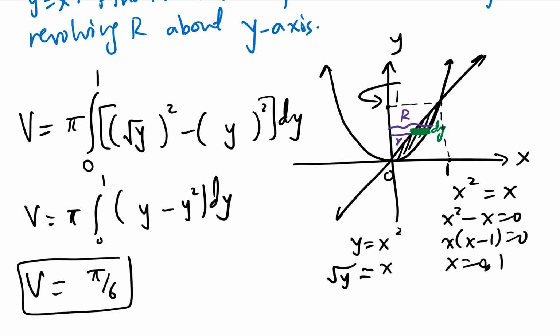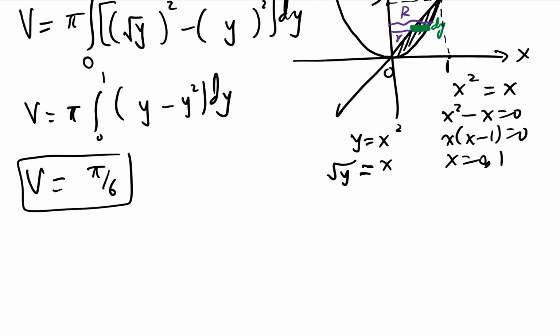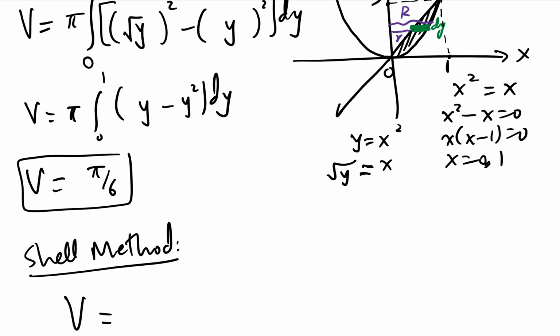Now, with shell method, that's when we're going to use cylindrical shells. And what do we need to know about shell method? When we find the volume, we use 2 pi instead of 1 pi.